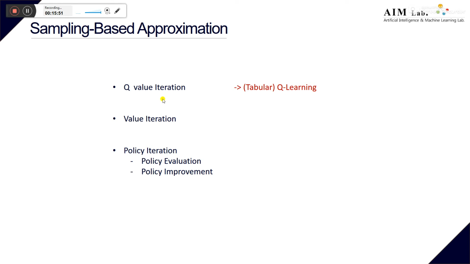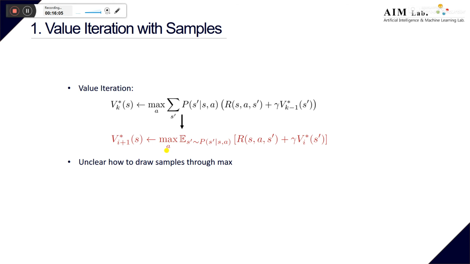For Q-value iteration, we have studied tabular Q-learning. From now on, we are going to apply sampling-based approximation to value iteration and policy iteration. For value iteration, we can again change the summation over states into an expectation over states, as we did for Q-value iteration. But it turns out that there is a difficulty here.